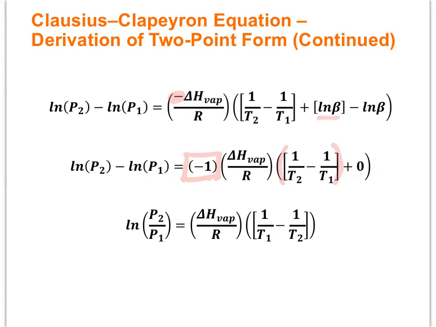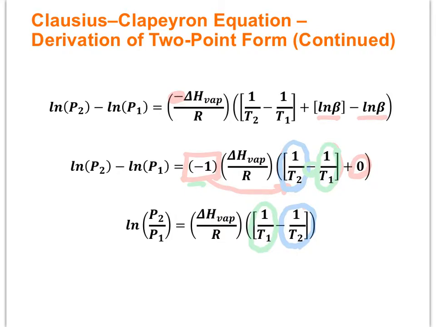And note, natural log of beta minus natural log of beta is 0. So that takes itself out. So if we take the -1 through this term, then 1 over the temperature 2 becomes the negative. And 1 over temperature 1, negative times negative, makes that the positive term.